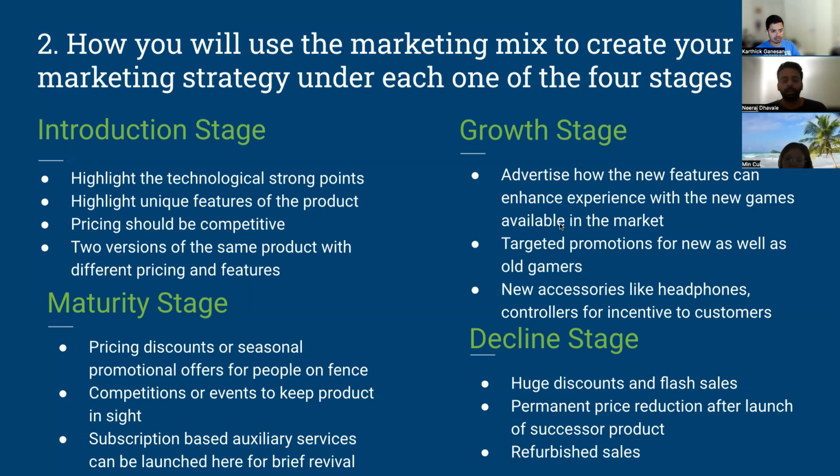Permanent price reduction after the launch of a successor product like the next gen will also incentivize a few people to buy it, because someone who doesn't need the best gaming console, just a gaming console for fun, can use that. And refurbished sales are also something which people buy.